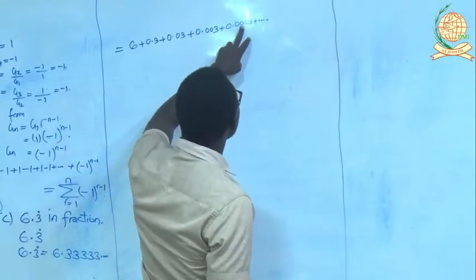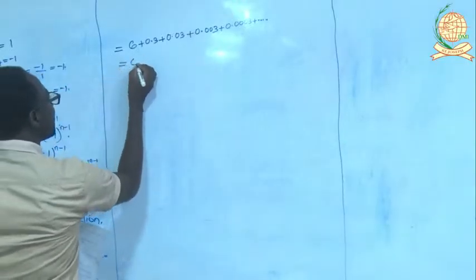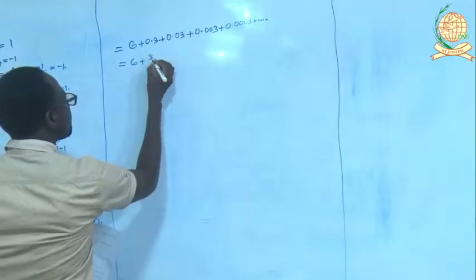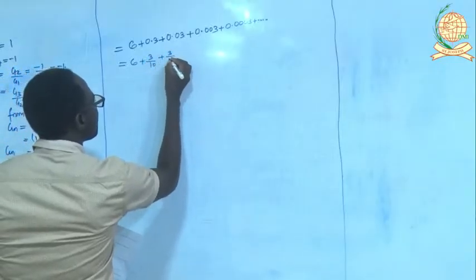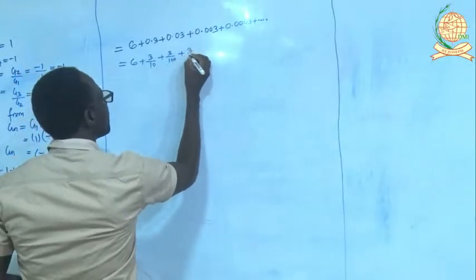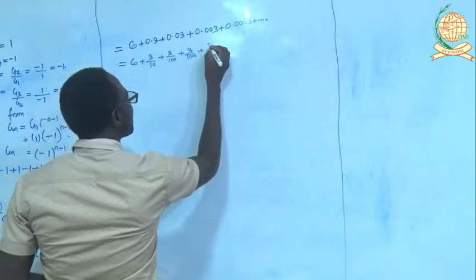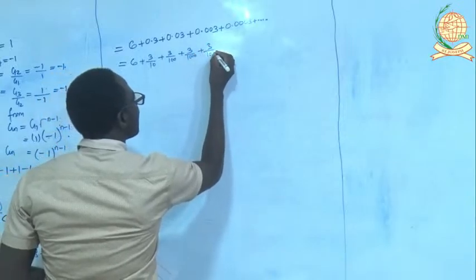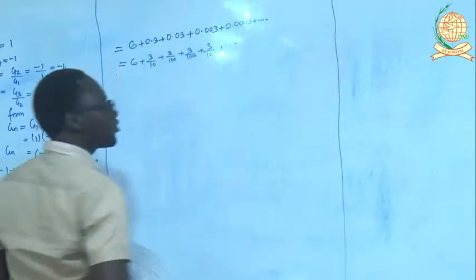Which is the same as 6 plus 3 over 10, plus 3 over 100, plus 3 over 1,000, plus etc. Now 3 is common.